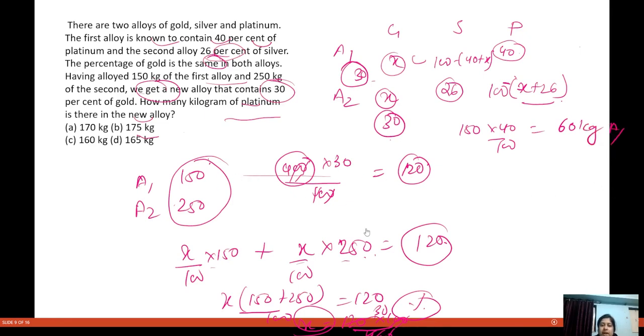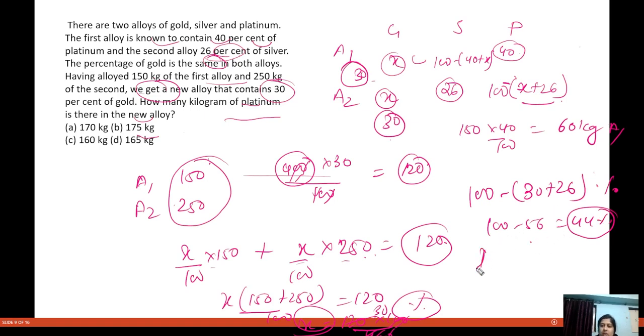And what about alloy A2? Alloy A2 has 100 minus 30 minus 26 percentage of platinum. That means 100 minus 56, that means 44% of platinum we are having.